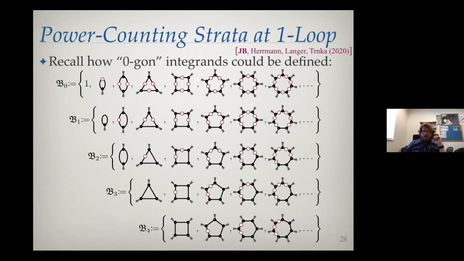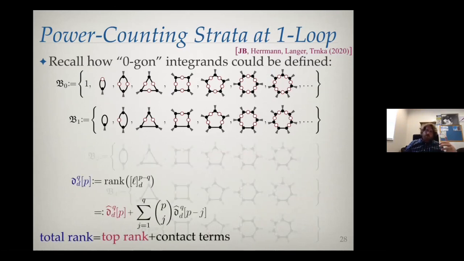But for any of these power counting bases, we can define the top rank recursively in this way. And I'm not giving the formula here, but it's in the paper. There is a closed formula for the top rank of a Q-gon with P-gon power counting in D dimensions.